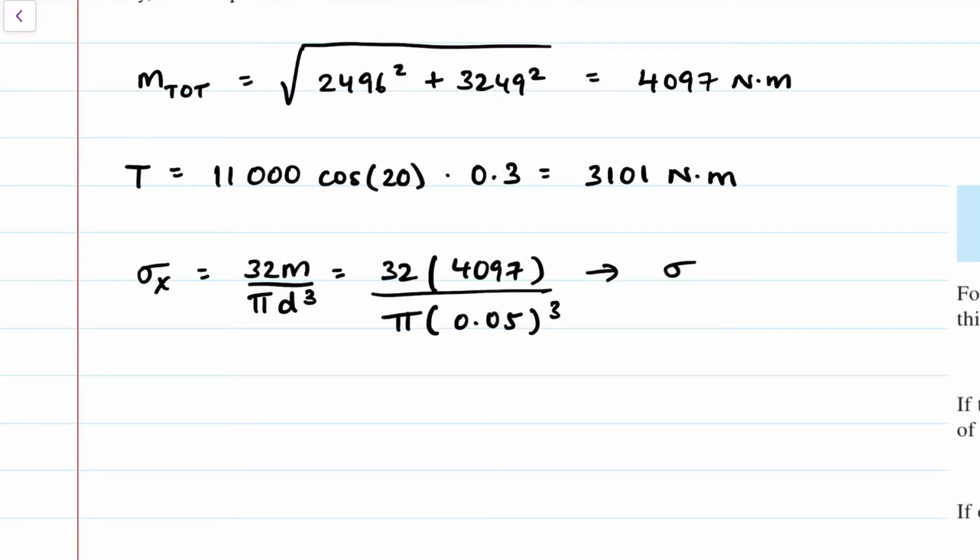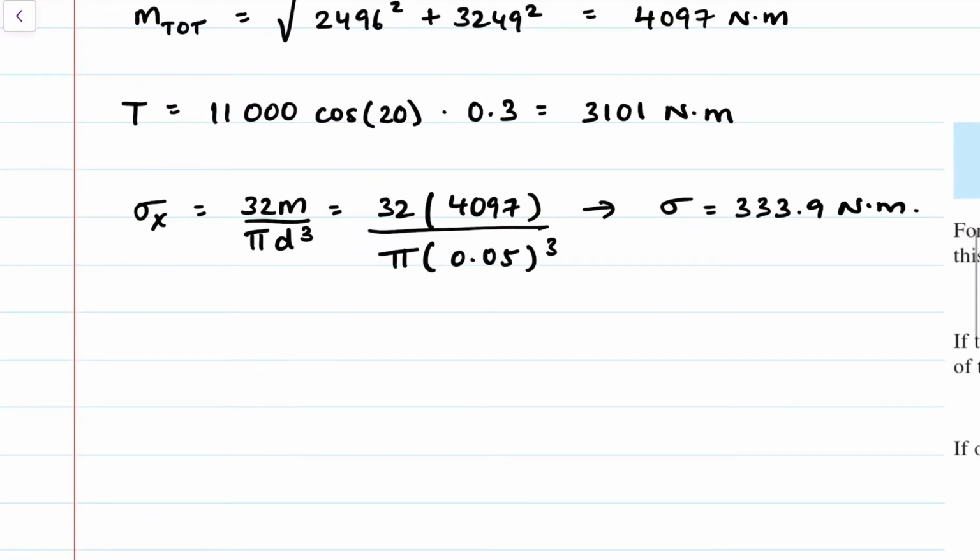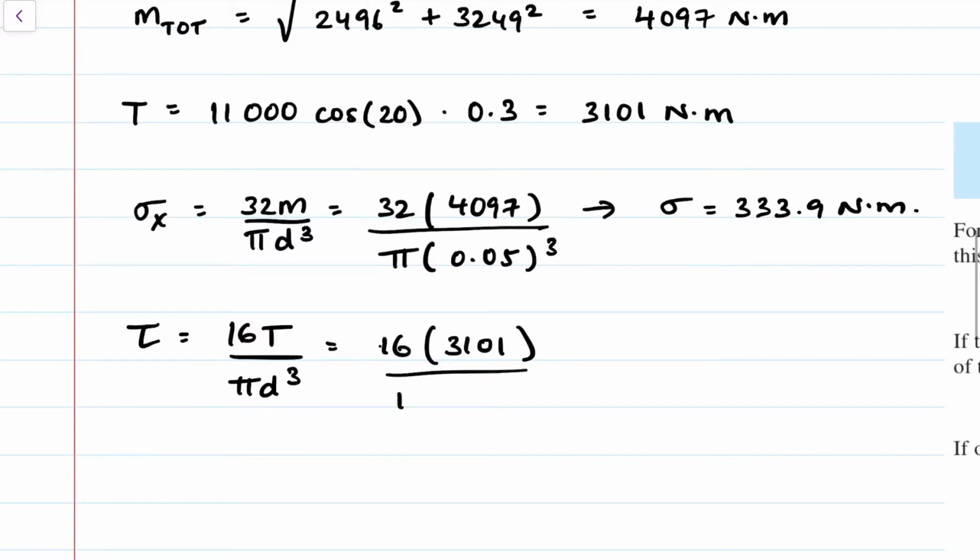So the bending stress is equal to 333.9, and the shear stress is 16T over pi d cubed. So that's 16 times 3,101 over pi times 0.05 cubed.